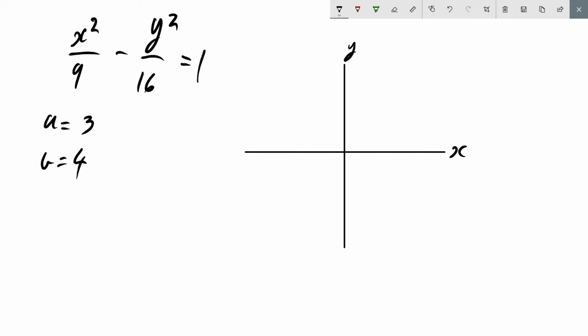All you have to do is start from the origin, go up b values, so to where the 4 is, and go across to wherever the a value is, so 3, and then you can go back down the b value, and just continue this dotted box.